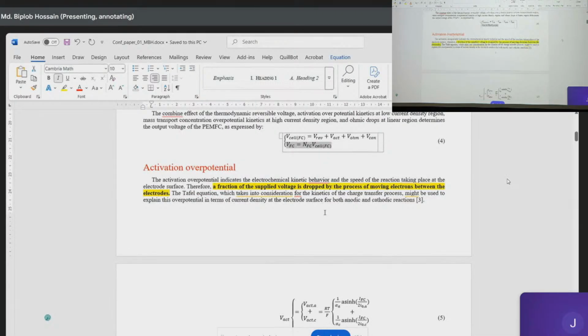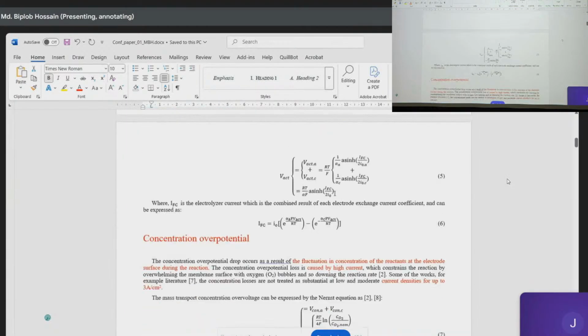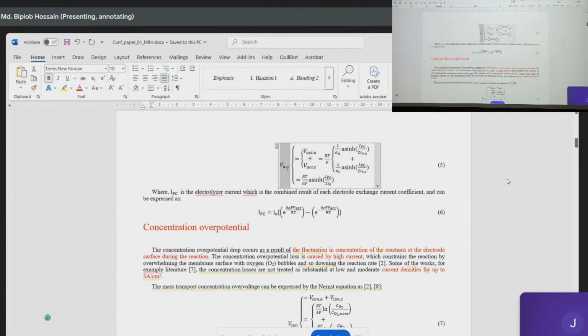As I already said, a fraction of the supplied voltage is dropped by the process of moving electrons between the electrodes, which is referred to as activation overpotential. Here in these equations we can see activation overpotential is basically split into two sections. One is for anodic activation overpotential, another one is cathodic.